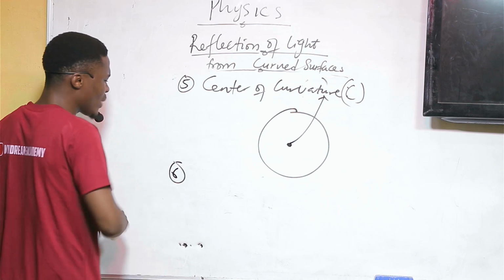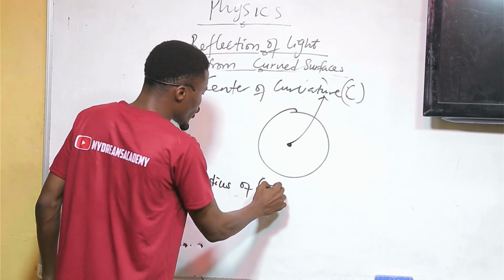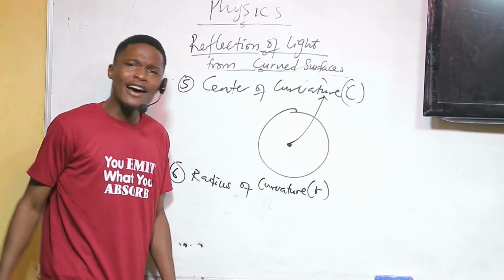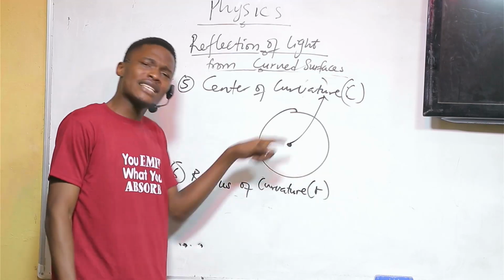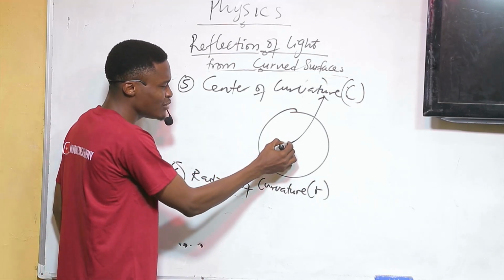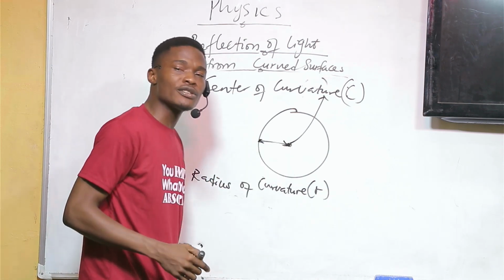Now number 6, very quickly, which is radius of curvature. It is represented by small letter r. Whenever you have a center, you must have a radius, because this is round. Radius is the distance between center and the circumference, but that is not how we define radius of curvature.